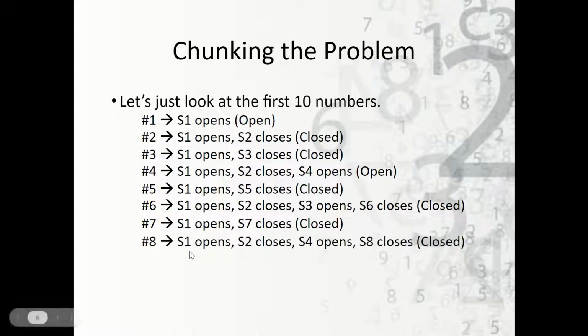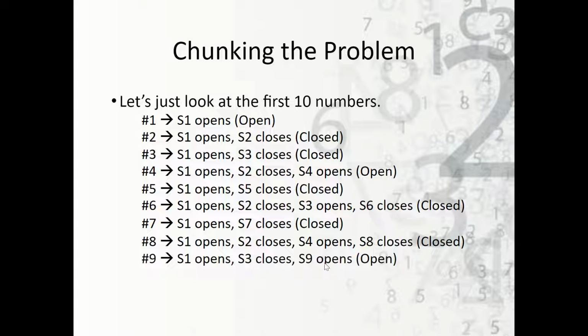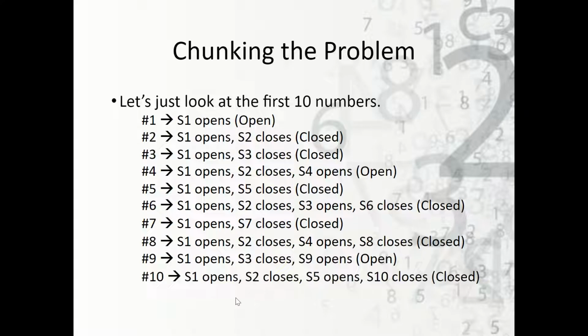Locker 8 is opened by student 1, closed by student 2, opened by student 4, and closed by student 8. So it's closed. Locker 9 is opened by student 1, closed by student 3, opened by student 9, so it's open. And locker 10 is opened by student 1, closed by student 2, opened by student 5, closed by student 10, so it is closed.